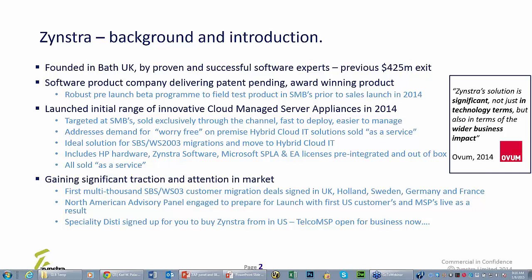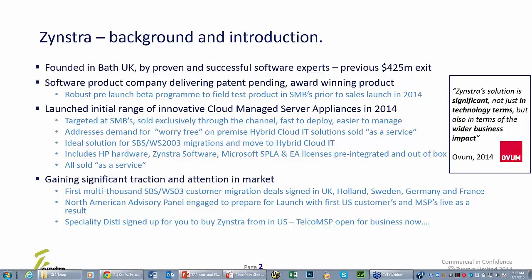So the company set up, and the goal was to deliver the best on-premise private cloud hybrid IT solution for SMBs, and to sell it through the channel, and that's exactly what we've been doing over the last couple of years. We launched that product early last year, and as Carl mentioned, we brought it to the US through the advisory panel from June onwards, and we should be announcing it formally in the US next week.